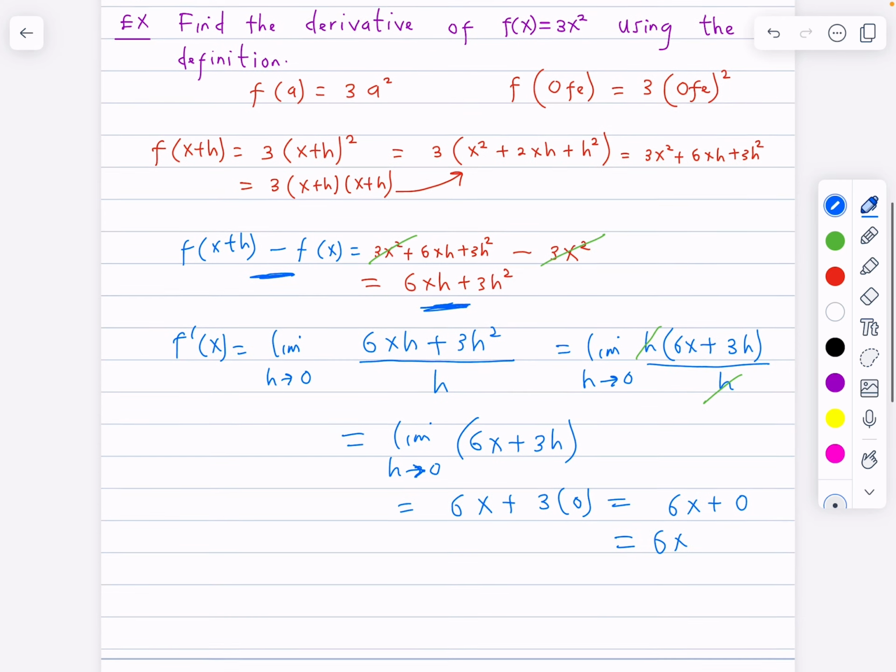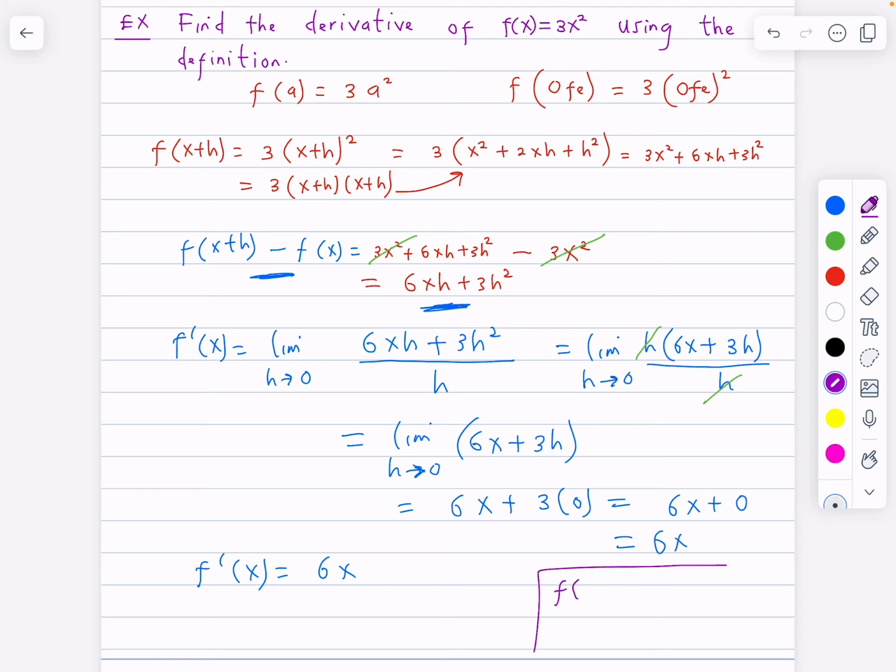So the derivative, f prime of x, is 6x. And this is actually consistent with the power rule. If you know the power rule for finding derivatives, let me just do this by the side.